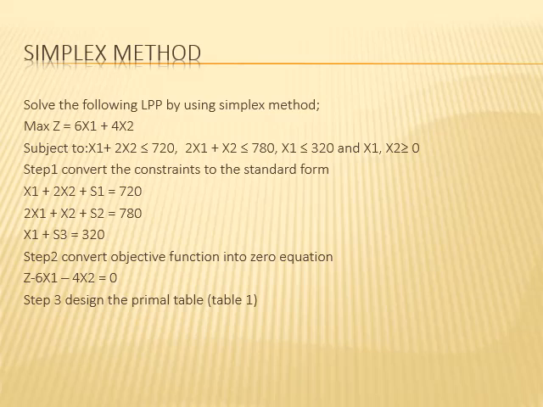So the constraints will take the following shapes: x1 plus 2x2 plus s1 equals 720, 2x1 plus x2 plus s2 equals 780, and the last constraint is x1 plus s3 equals 320.